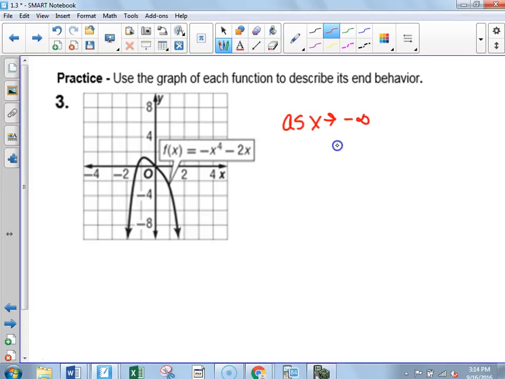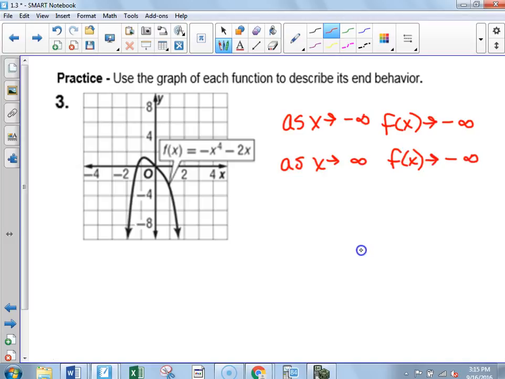Okay, negative infinity means we're talking about the left, just to clarify. Obviously, it wouldn't matter for this one. F of x is going to approach. Okay. Good job, Sarah. All right.